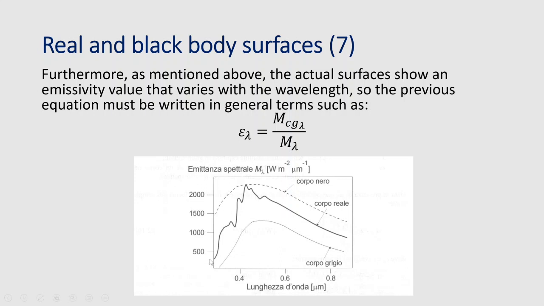You see here from 0 to at least 2000. There are three different curves. This one here, you see in Italian, is corpo grigio, a gray body. Here is a real body, the bold one, while the dotted one is a black body.